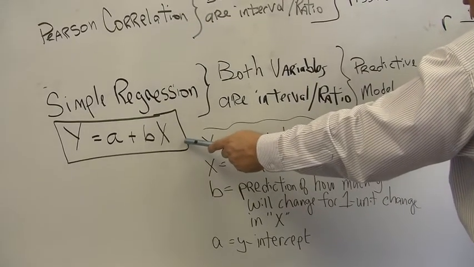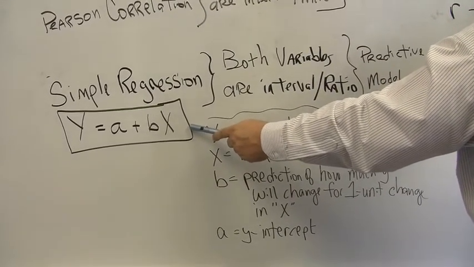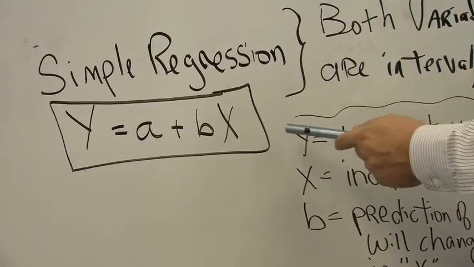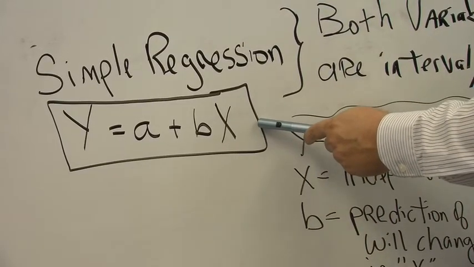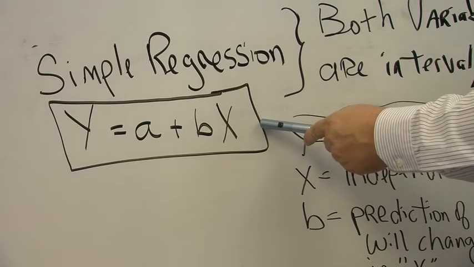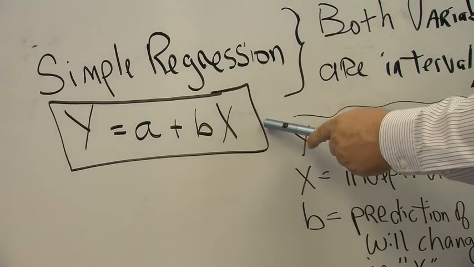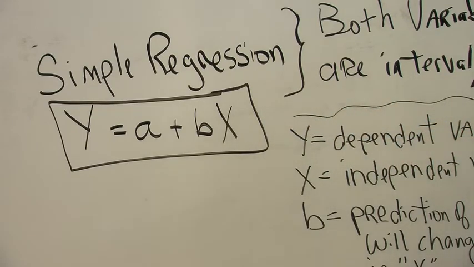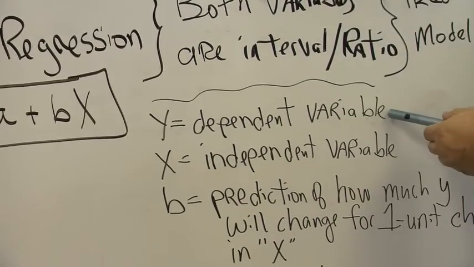Now, before I close off this mini lecture, I want to show you the basic formula for simple regression. You may have seen this formula back, I don't know, it could be as early as the 6th, 7th, 8th grade. But this is the formula y equals a plus b times x, and that's the basic formula for simple regression. And then I show here where y is the dependent variable.